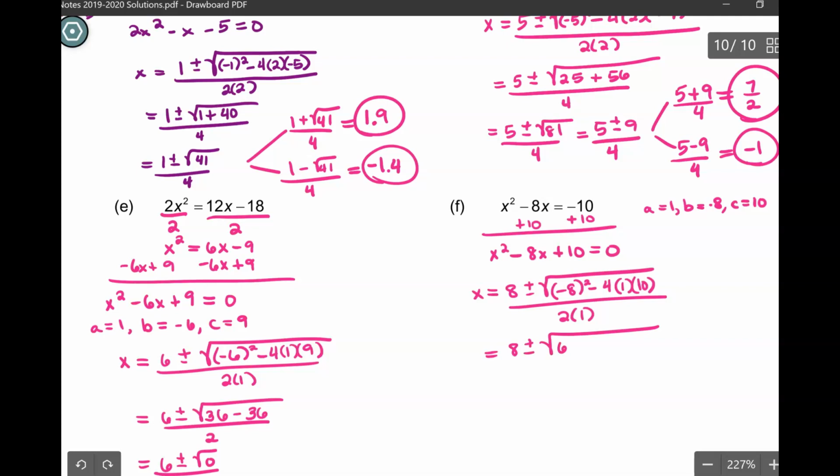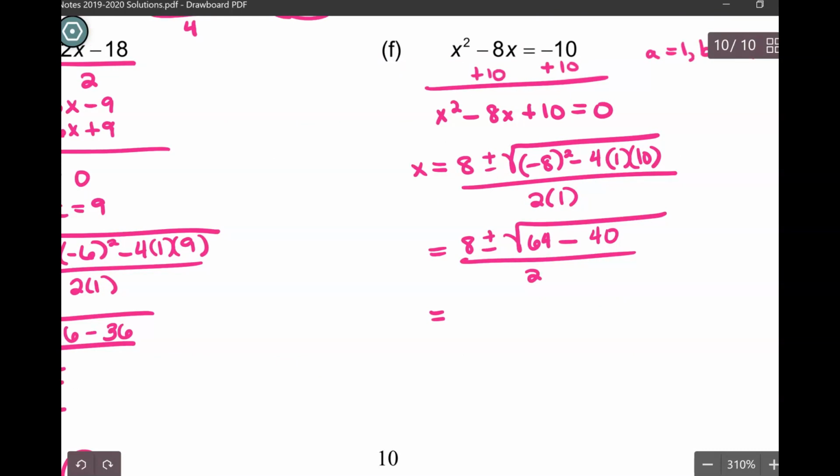Negative 8 squared is 64, minus 4 times 1 times 10 is 40, all over 2. So I have 8 plus or minus, now 64 minus 40 is going to be 24.